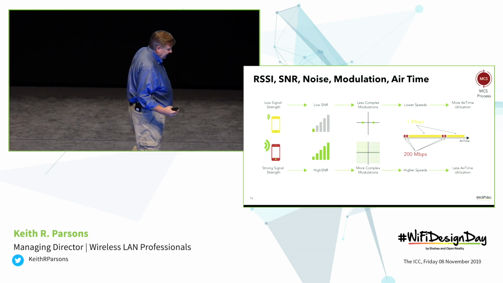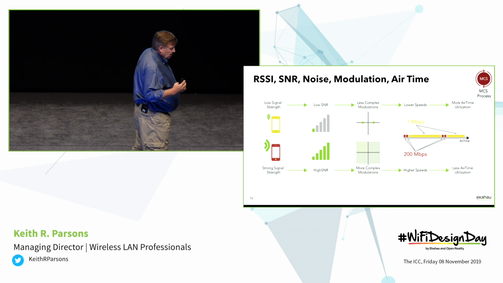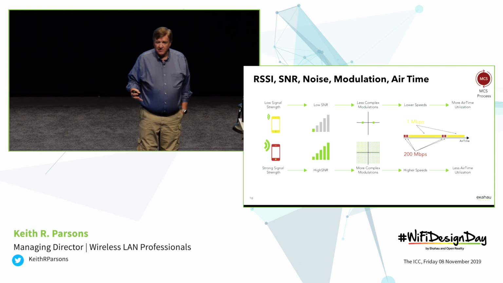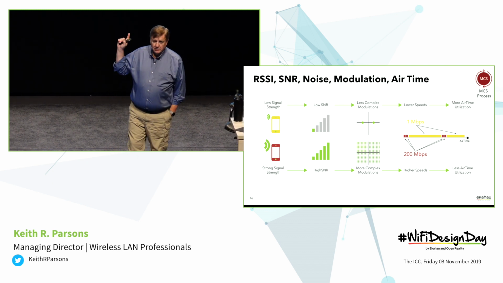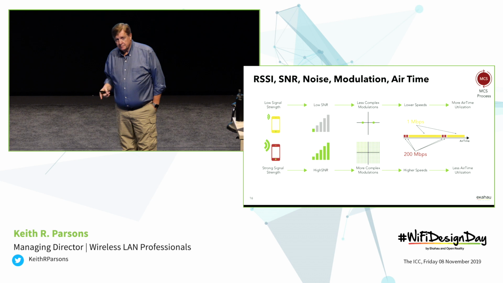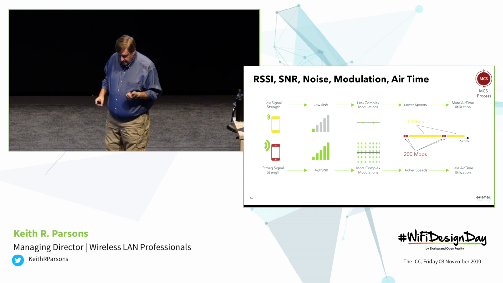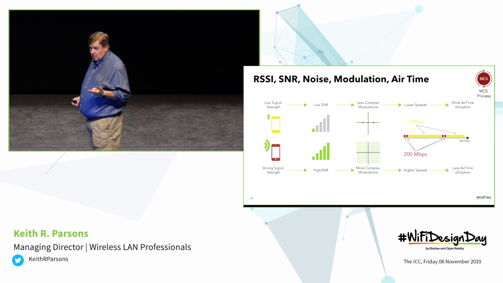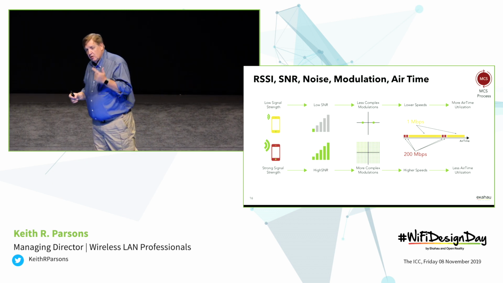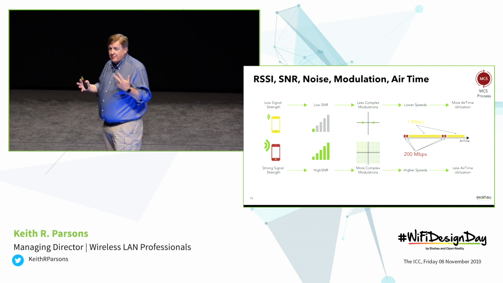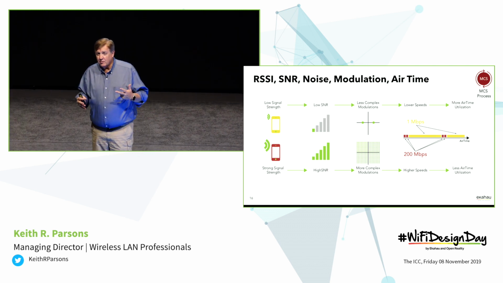So let's think back about how Wi-Fi works. If you don't know how Wi-Fi works, it's pretty hard to fix it. Now this one is about the RF medium, the little red box up above. If I have low signal strength, it means I have low SNR. Low SNR means I'm going to use a lower modulation scheme. The example here is BPSK. BPSK is very robust.